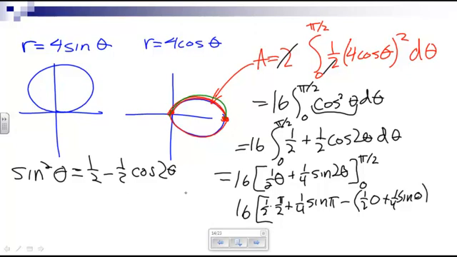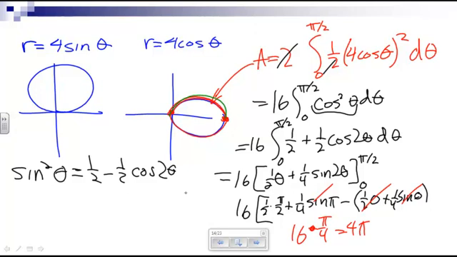Now something nice happens. Sine of 0 is 0. 1/2 times 0 is 0. Sine of pi? 0. Which leaves me 16 times pi over 4, which is 4 pi. Now is it true that a circle with radius 2 has area 4 pi? Yes, it is. All right.